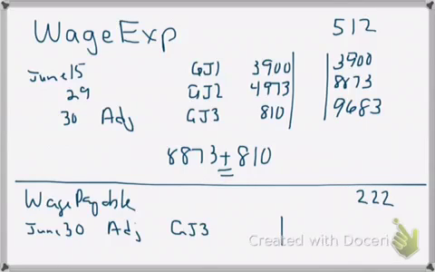And that is going to be a credit of $810. And so we will have a credit balance of $810. And so that is what we are going to be looking at when we look at posting these adjusting entries to the general ledger.